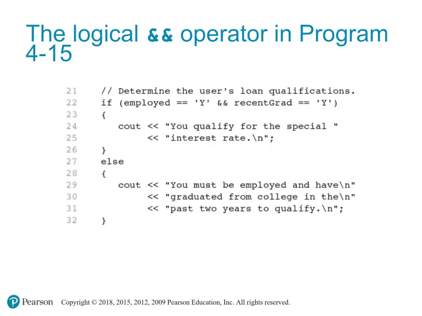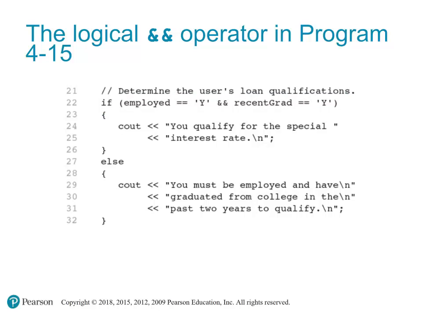This section of code is from program 415. It demonstrates how to use the logical AND operator to determine a user's loan qualification based on multiple conditions. The program uses two character variables, employed and recent grad, to hold the user's employment and graduation status. The program checks both conditions, employed equal y and recent grad equal y, using the AND operator.